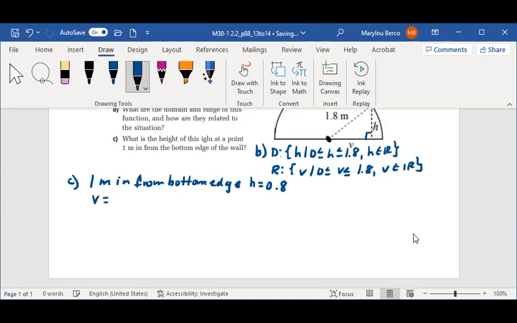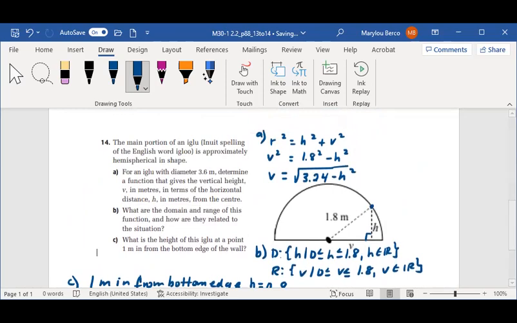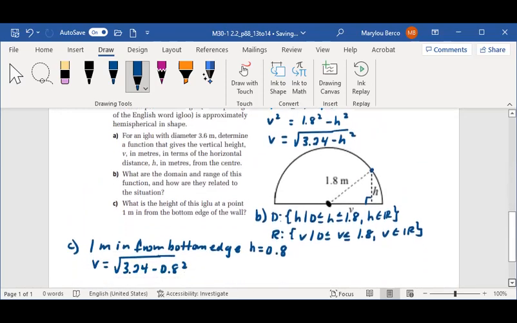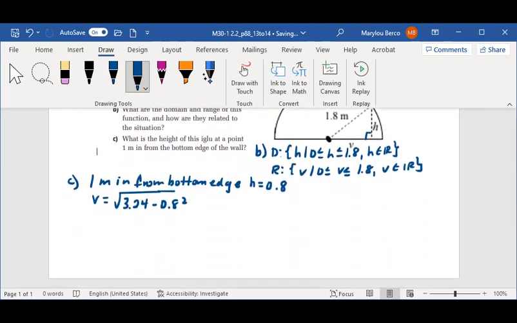So v equals root of 3.24 minus 0.8 squared. I just substituted it in the formula from A. So v equals root 2.6 and v equals 1.612.